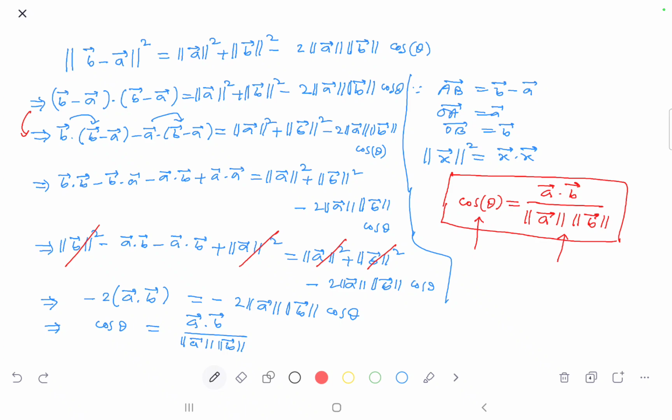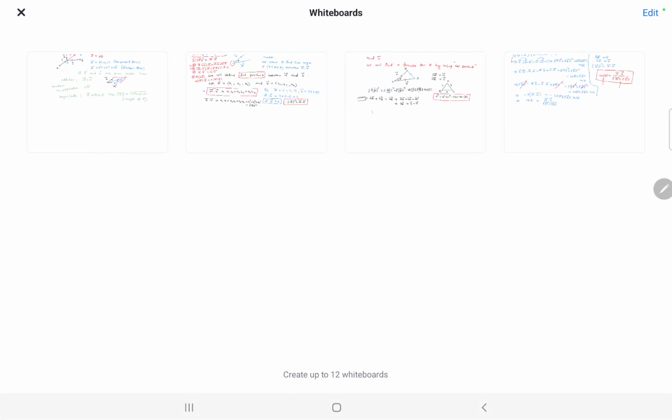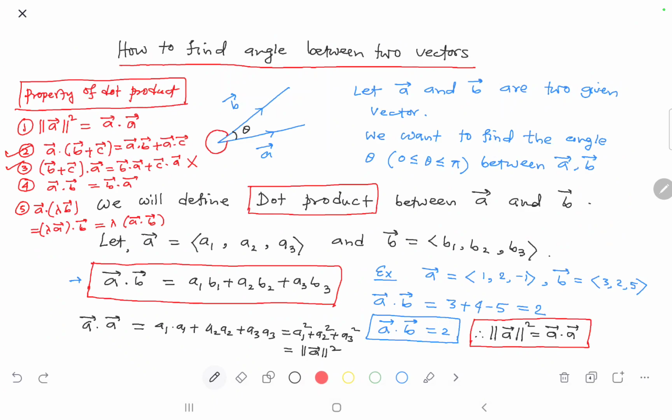Yes, fine. So let me tell you how we started. Basically, we took two vectors A and B and we want to calculate the angle between those two vectors. First, we define the dot product. If you know the components of A vector A1, A2, A3 and B vector B1, B2, B3, the dot product is defined this way: A dot B equals A1 B1 plus A2 B2 plus A3 B3.